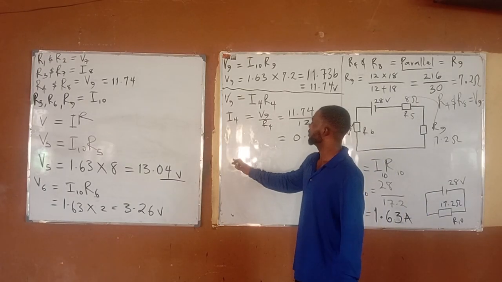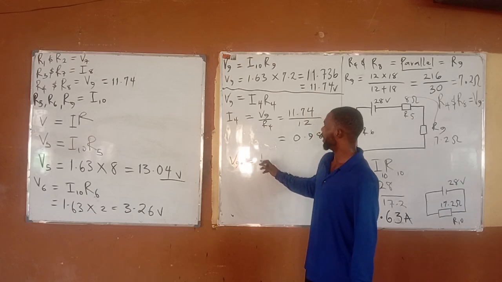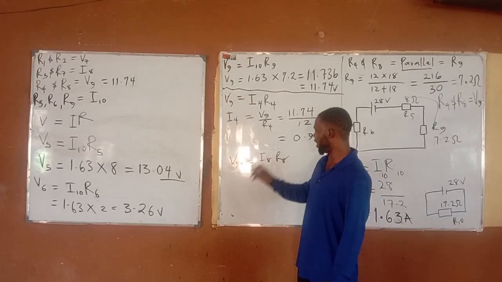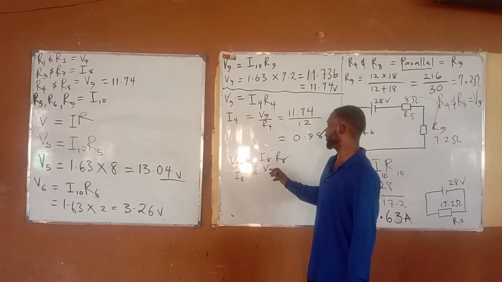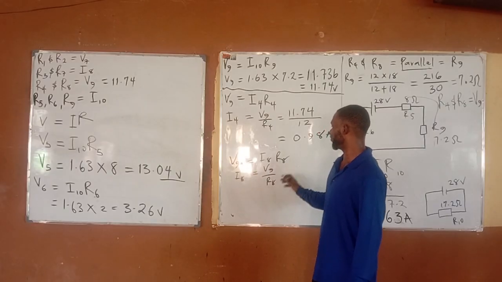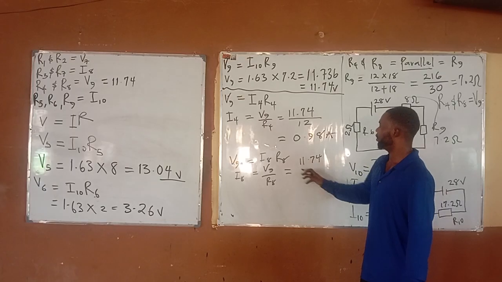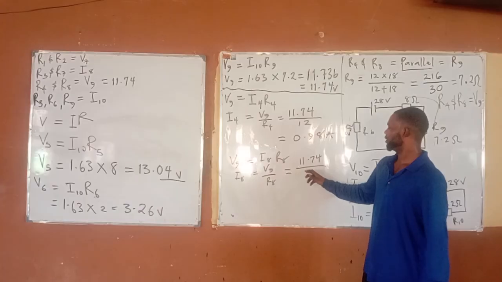Now to get our I8, you go back. V, the same V9 again, will be equal to I8 R8. So we now do I8, the current there, will be equal to V9 over R8. Make sure we are not making any mistake. So V9 is 11.74. R8, what's the value? Hope you are giving me the right value of R, the resistance. 18.